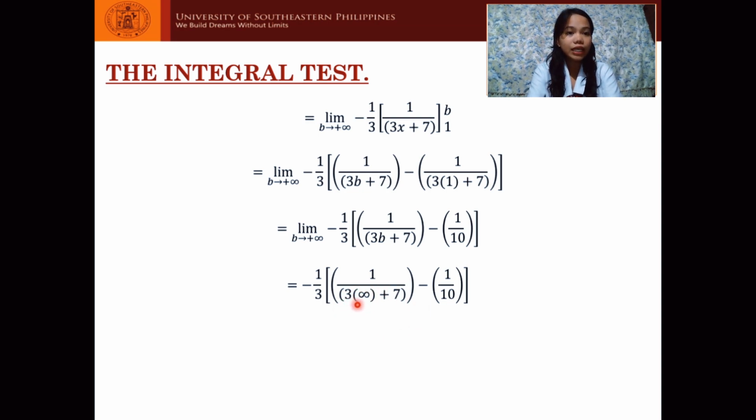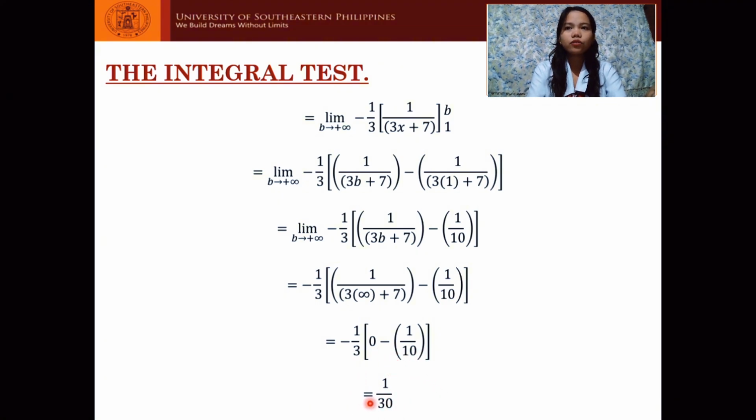So 1 over infinity is 0. Now what we have is negative 1/3 multiplied by the difference of 0 minus 1/10. The answer is negative 1/3 multiplied by negative 1/10. The answer is 1/30.